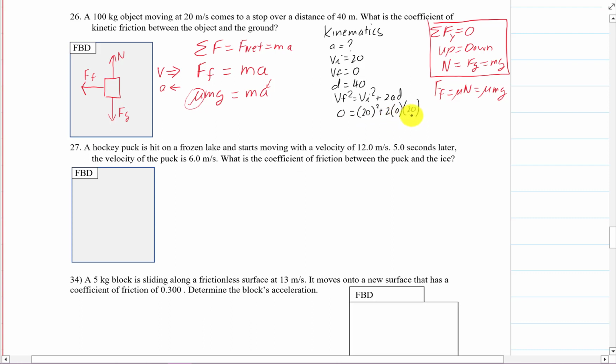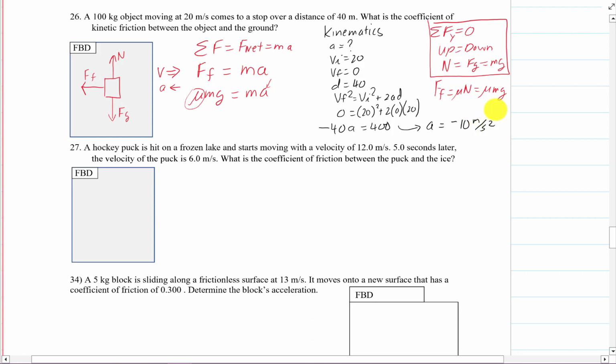So I'm going to take this over to the other side, and we're going to have negative 40a is equal to 400, because that's what 20 squared is. So we're going to get from this that acceleration is going to be negative 10 meters per second squared.